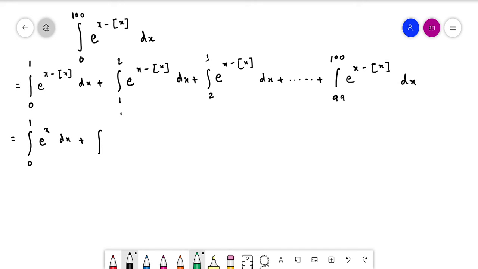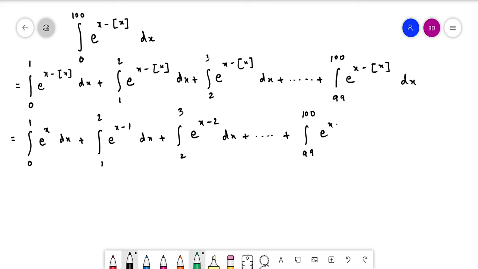Now what happens to the next one? From 1 to 2, floor x is 1. So this becomes e to the power x minus 1 dx. Similarly, 2 to 3, e to the power x minus 2 dx, and the last one is 99 to 100, e to the power x minus floor x dx.